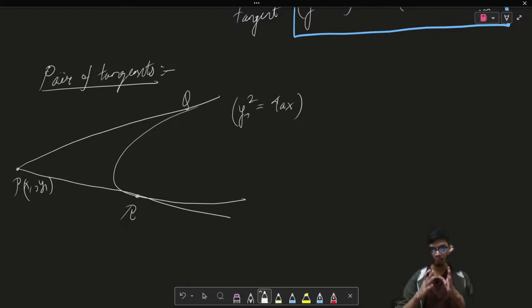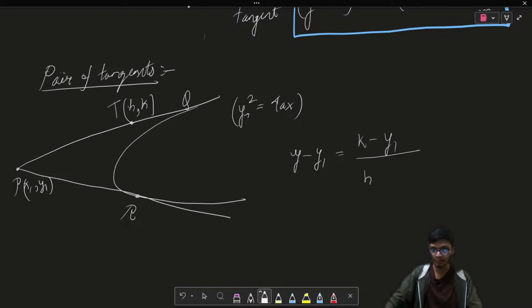Now if I want to write the combined equation of the pair of tangents for this particular curve, I can do it by assuming any point on the tangent as h comma k. If I find the locus of this point, I am going to easily get the equation of the tangent. So that will be y minus y1 is equal to k minus y1 divided by h minus x1 into x minus x1.